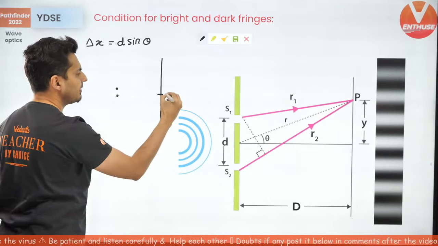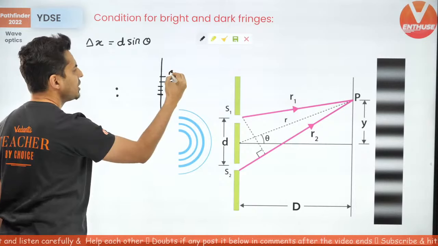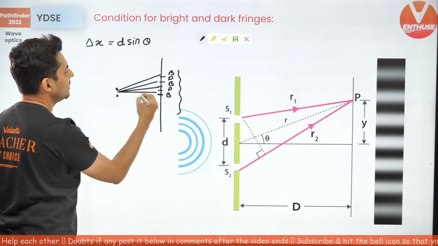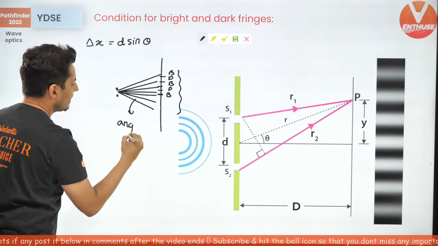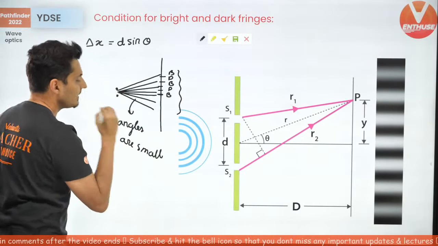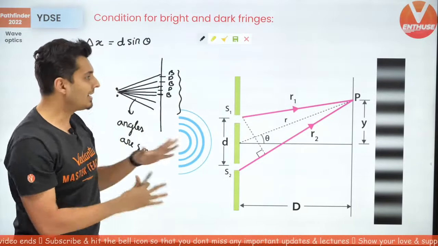Here you will get bright fringe, dark fringe, bright fringe, dark fringe, so many fringes. The angles they subtend are generally small. That region of interest is small.